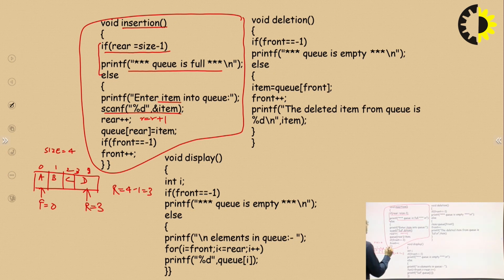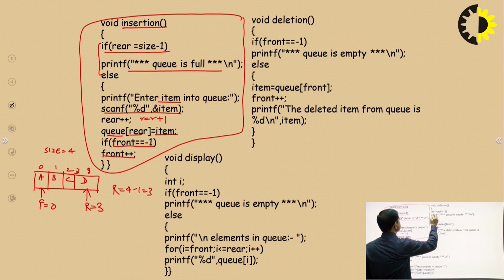And after that, in the queue, at the rear point, some element will be inserted, or we can say added. Because this is the first element in the given queue, we have to check for the front also, as we have discussed in the algorithm. If front equals minus 1, if it is the first element we are going to insert, then front is also incremented by 1, that is front equals front plus 1.